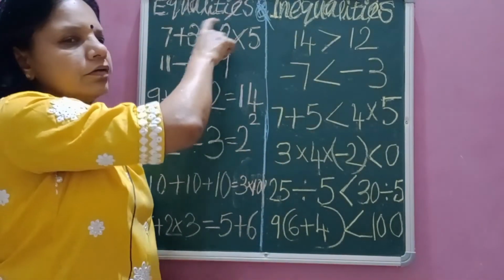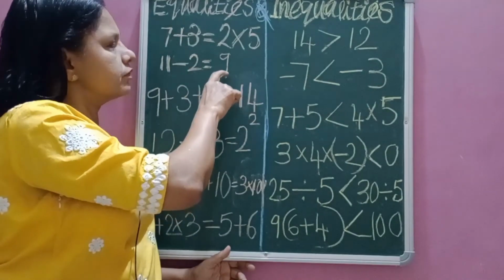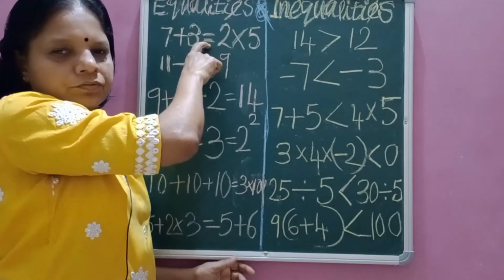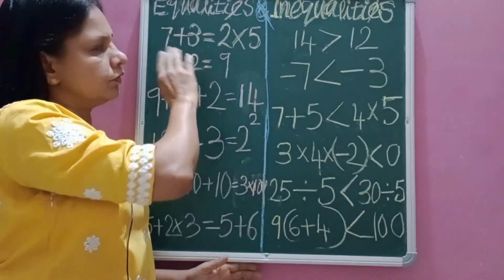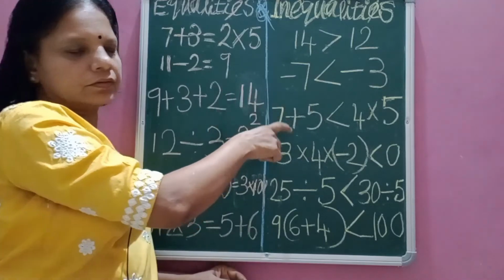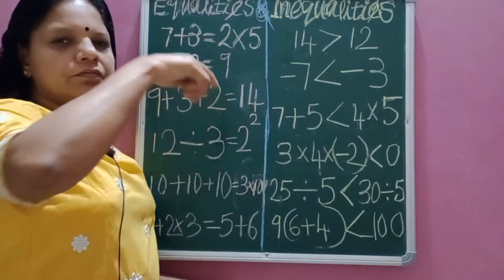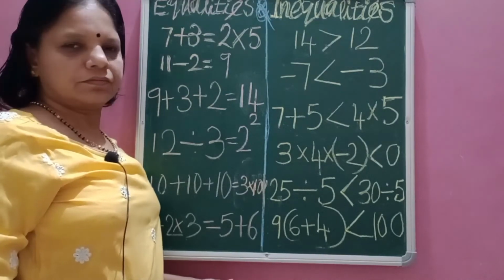And equality is when two expressions are equal and is represented by putting an equal to sign in between them. So exactly opposite. Clear? So this is the difference between equalities and inequalities.